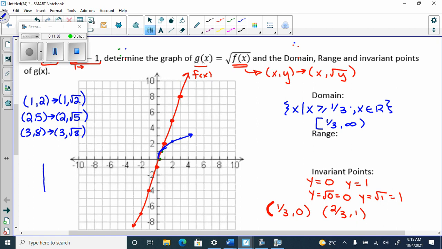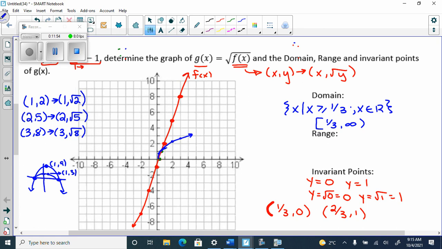If it was like a concave down parabola, let's say, yes, it's going to be greater than or equal to 0, but it's also going to be less than or equal to the square root of your maximum. So if your maximum was at 1, 9, let's say, it's now going to be at 1, 3. And it's going to curve and be in here, so it's going to be between 0 and 3.